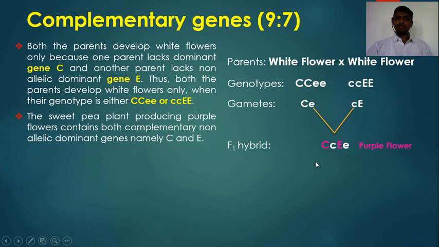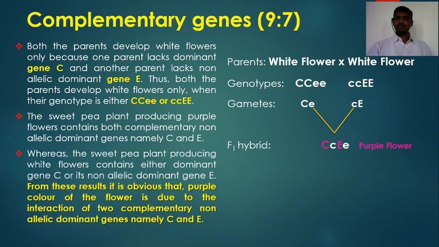So this sweet pea plant producing purple flowers contains both complementary non-allelic dominant genes, namely C and E. In the F1 hybrid, both dominant non-allelic genes, C and E, are present, because of which the F1 hybrid has purple flowers.